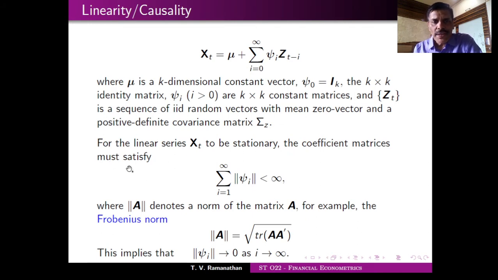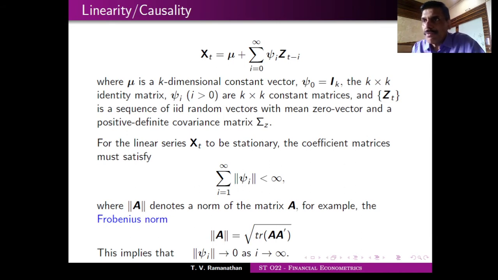the coefficient matrices should satisfy this condition. In the univariate case, we used to call it absolute summability. But absolute summability is meaningful in the univariate case, not here, because what you have is matrices. So absolute summability means some kind of norm you need to sum. There are different norms that we can consider. Norm means the norm of a matrix.